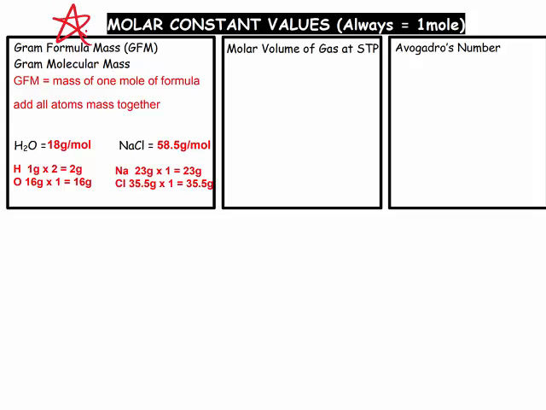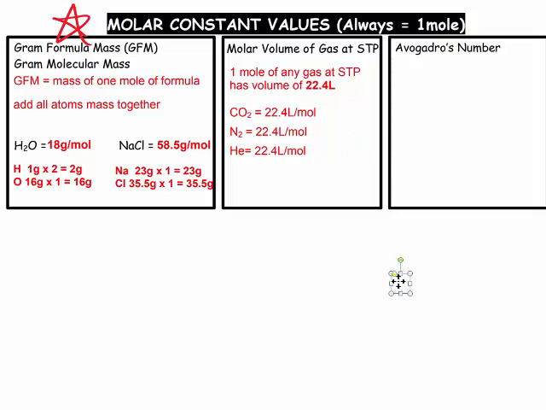There are 2 other molar constants that we want to be familiar with, and I will ask you to use them, just not to the same extent or with the same amount of precision maybe as we do with gram formula mass. All right, so the next molar constant that we want to look at is the molar volume of a gas at STP. The idea here, guys, is that if you have 1 mole of a gas, the volume that the gas occupies at STP will always be 22.4 liters.